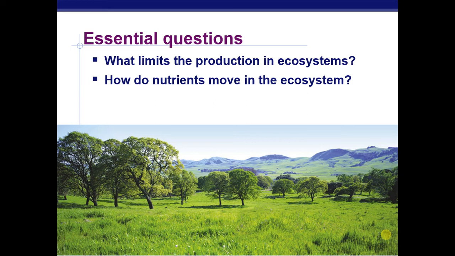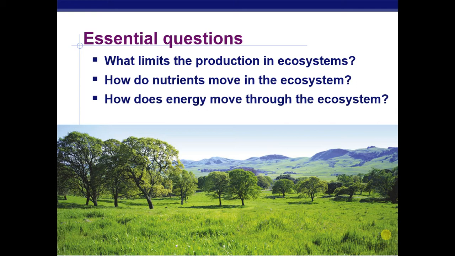How do these abiotic nutrients that are essential for all life move in and through the ecosystem? And how does energy itself move from the very foundation, the producers of the ecosystem, all the way through to the top of the food chain? So this is kind of what this two-part section of notes is going to be about.